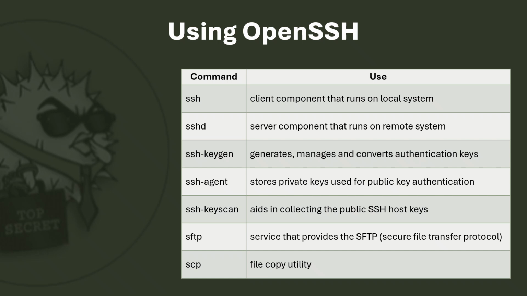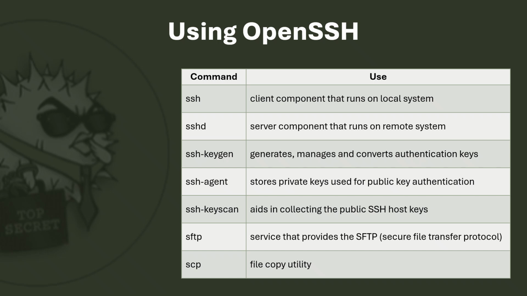Using OpenSSH involves executing various commands. While we won't go over each command in detail right now, the following list of common commands can serve as a helpful reference guide when you start using SSH. These commands cover the generation, management, and storage of the encryption keys required for SSH.